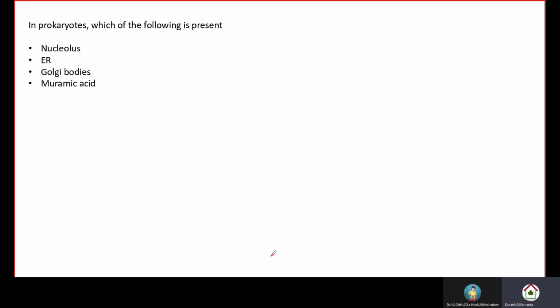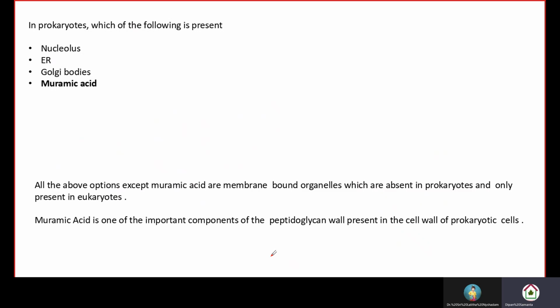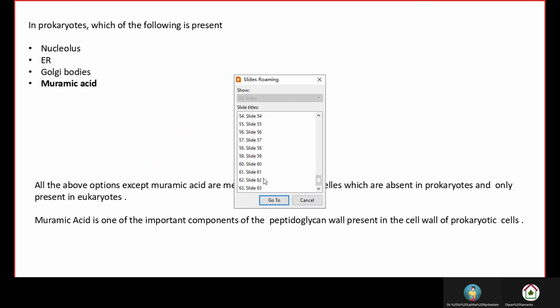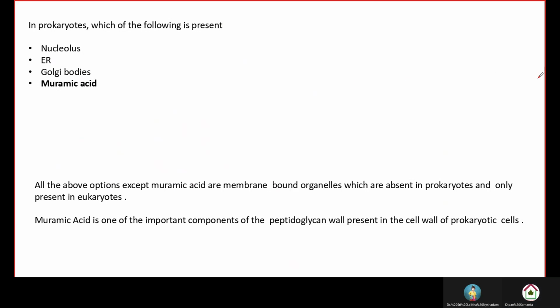Okay. Next question. In prokaryotes, which of the following is present? Nucleolus, endoplasmic reticulum, Golgi bodies, muramic acid. And the answer is muramic acid.